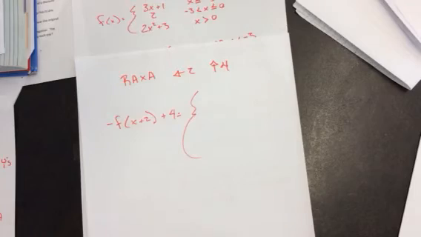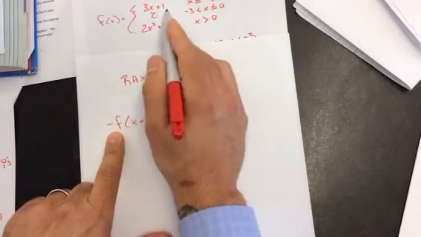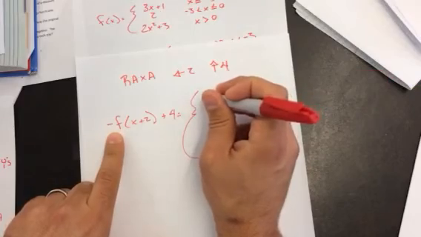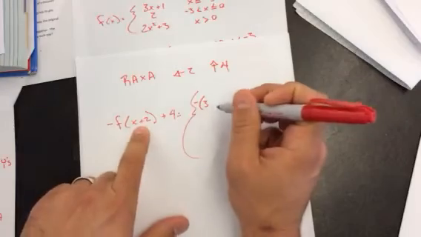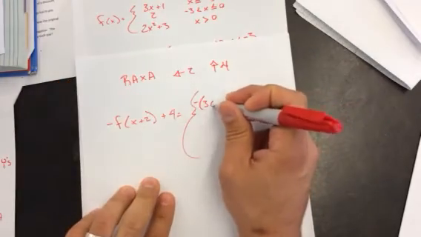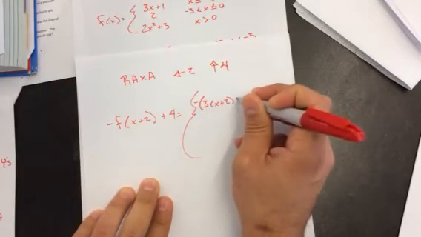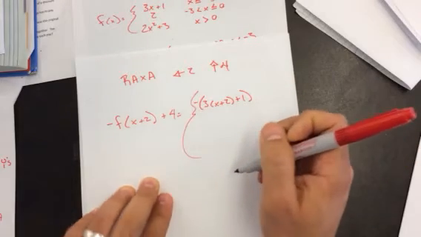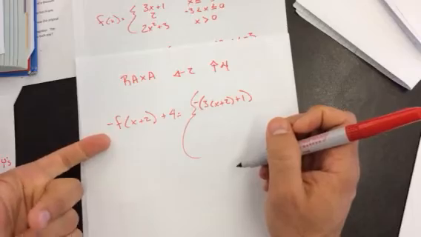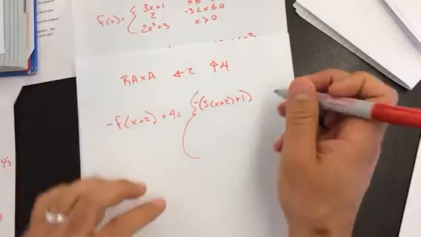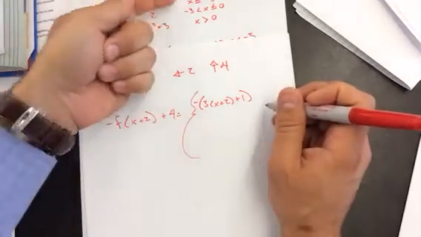So what changes in the function rule when I do that? This negative means that this whole entire deal gets multiplied by negative. So negative 3. The x plus 2 means I replace the x with x plus 2. The reflected across the x-axis isn't going to change my x values here, but the x plus 2 is.